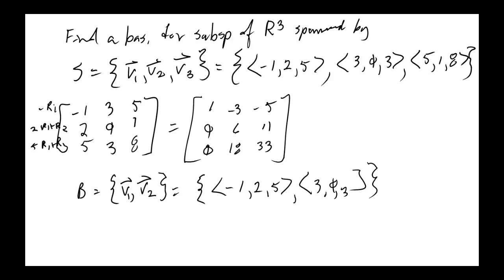Now, to find the basis for a column space of a matrix A, you have two options. On the one hand, you could use the fact that the column space of A is equal to the row space of A transpose, and apply the technique that we just used to the transpose.